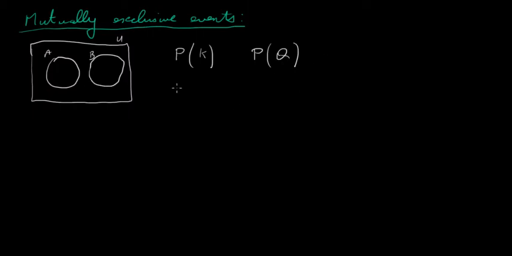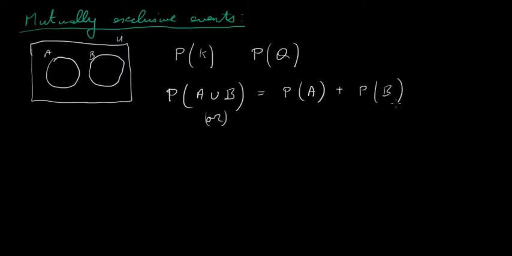Now, what you would do in terms of probability is you say if you have two events, A and B, the probability of A union B, or the probability of A or B happening, this is OR here, then would be the probability of A plus the probability of B. So union here is OR, and usually when we talk about OR we would put in an addition, a plus.